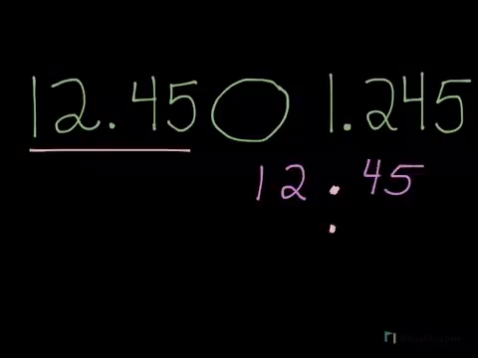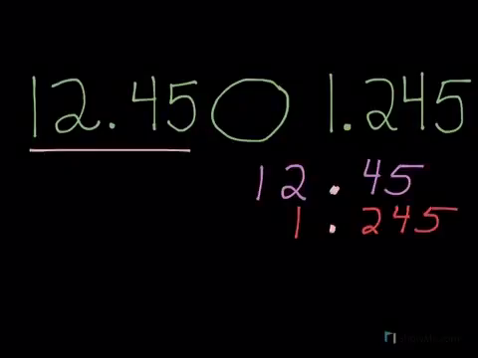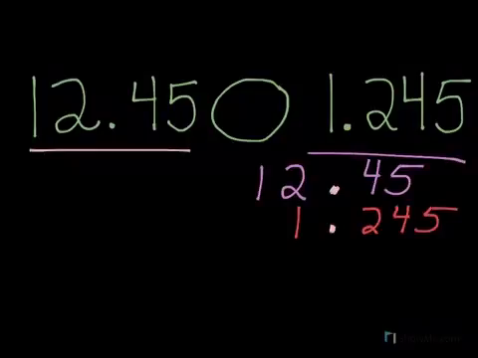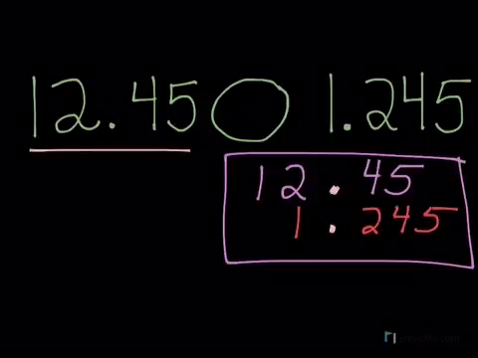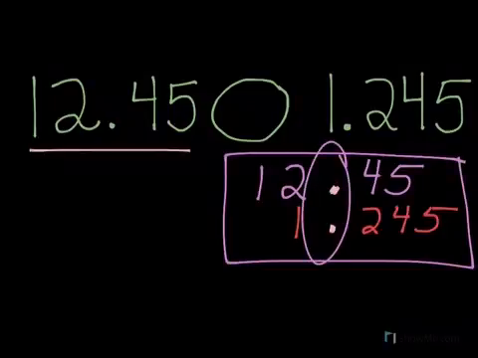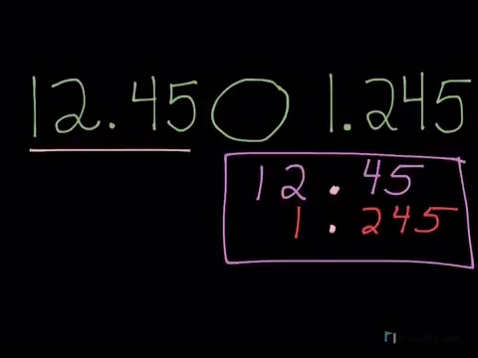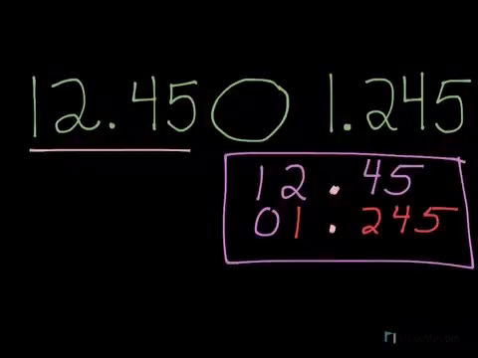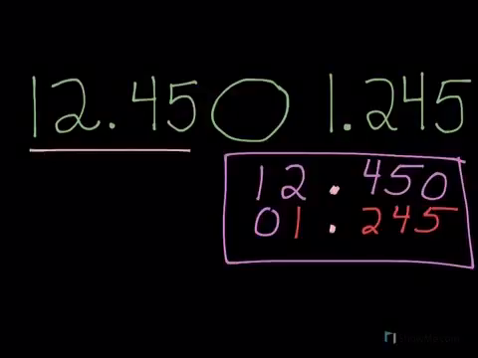Then I'm going to write my second number, which is 1.245. So far, I have just written both numbers, keeping my decimal points lined up. I can fill in the blanks with a 0 if I want.